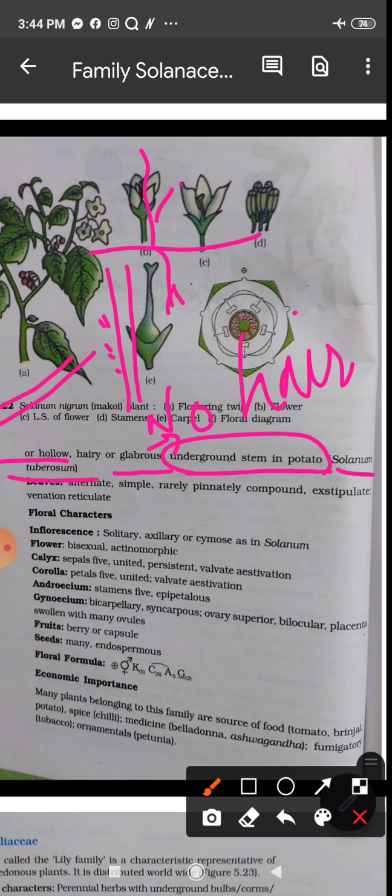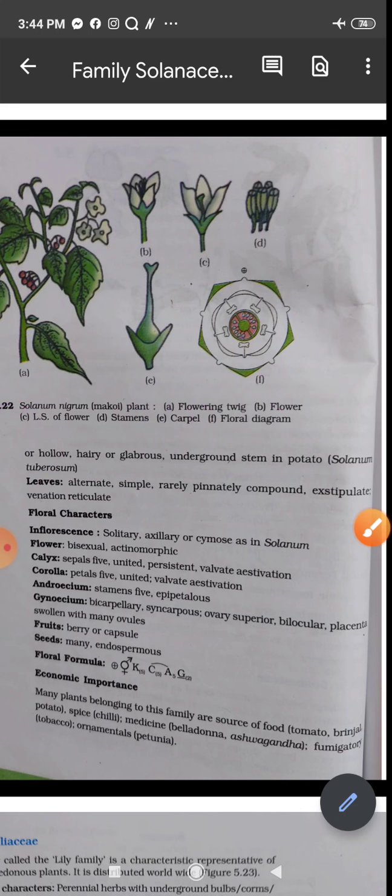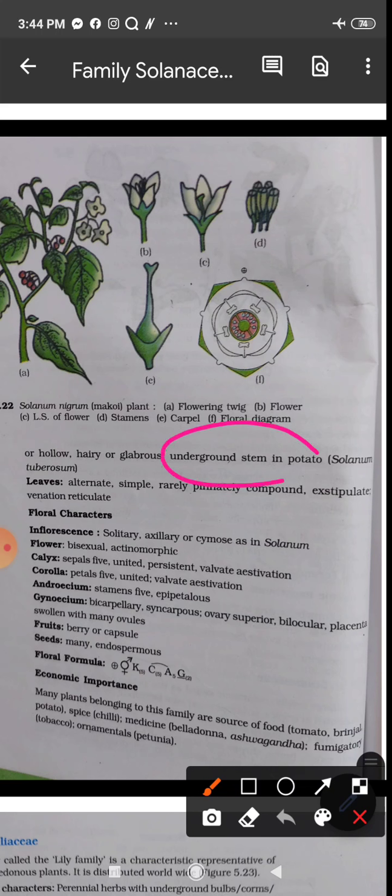Please, you need to learn these names nicely. Solanum tuberosum, that is potato, right? So potato is an example of an underground modification of stem, and Solanum nigrum shows aerial stem, right? The stem is aerial, and here in potato it is underground.